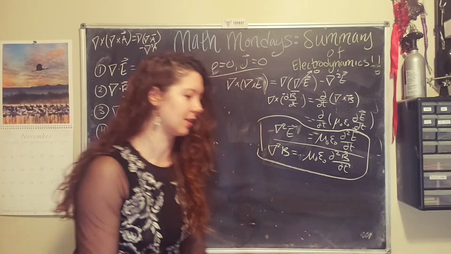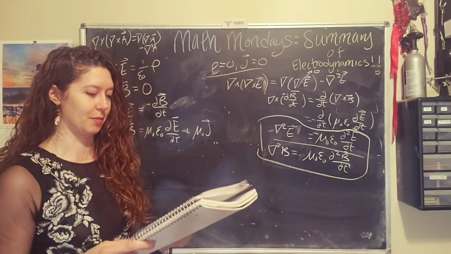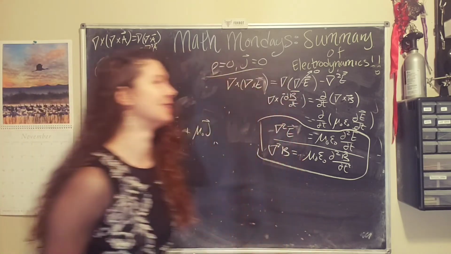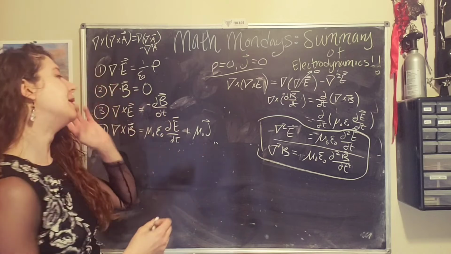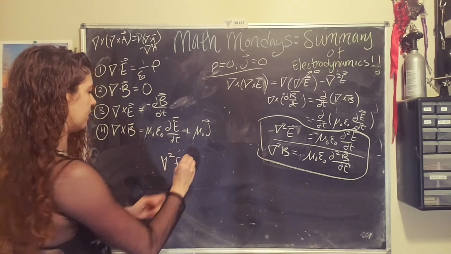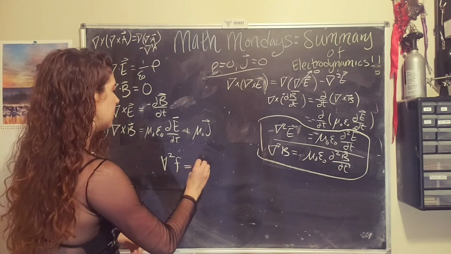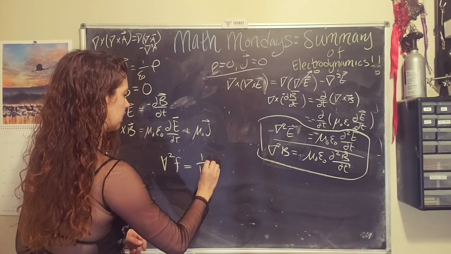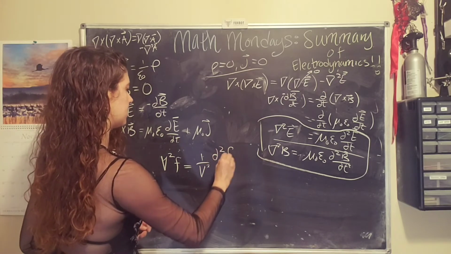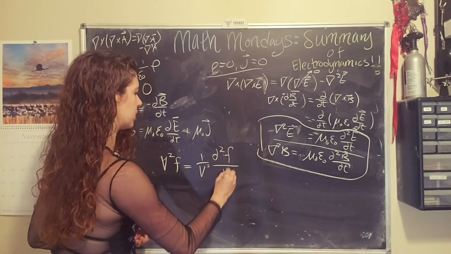Let me look at my notes because I totally just spaced. The 3D wave equation is what it's called officially. It is del squared f, where f is some general function, equals 1 over v squared, where v is the velocity of the wave, times the second partial derivative of our function with respect to time.